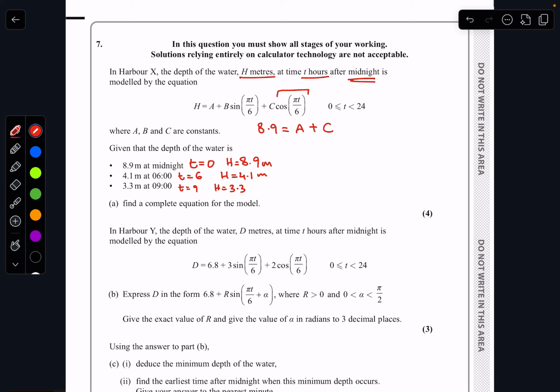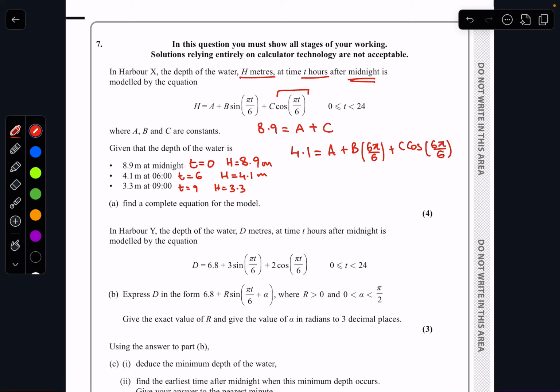If you replicate this for the other value, for 4.1 meters, you still have the value of A, which doesn't go away. If you substitute in T equal to 6, that will be plus B sine 6 pi over 6 plus C cos 6 pi over 6.